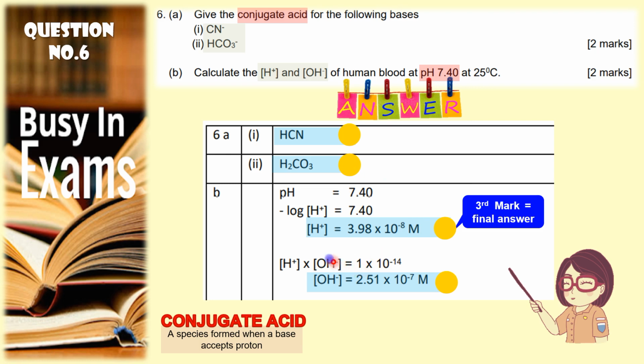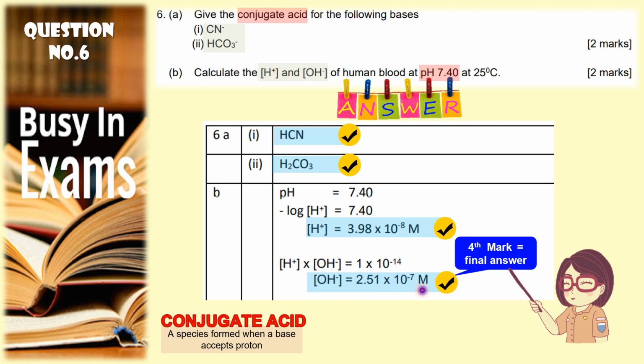And we know that by using Kw equals concentration of H plus times concentration of OH minus. Okay, so this is the value of Kw. Substitute the value of concentration of H plus ion, and then we get the final answer. Concentration of OH minus ion is 2.51 times 10 power negative 7 molar. Don't forget to write the final answer with the correct unit, molar.